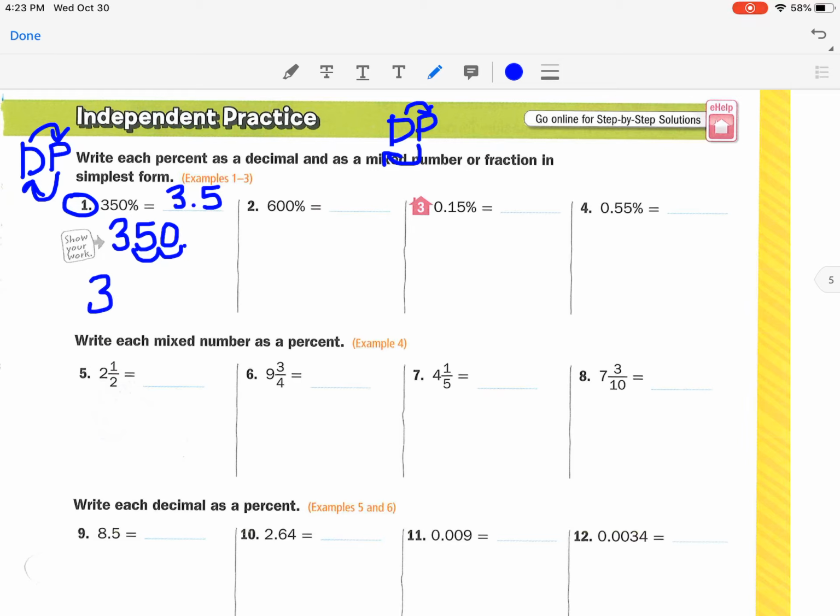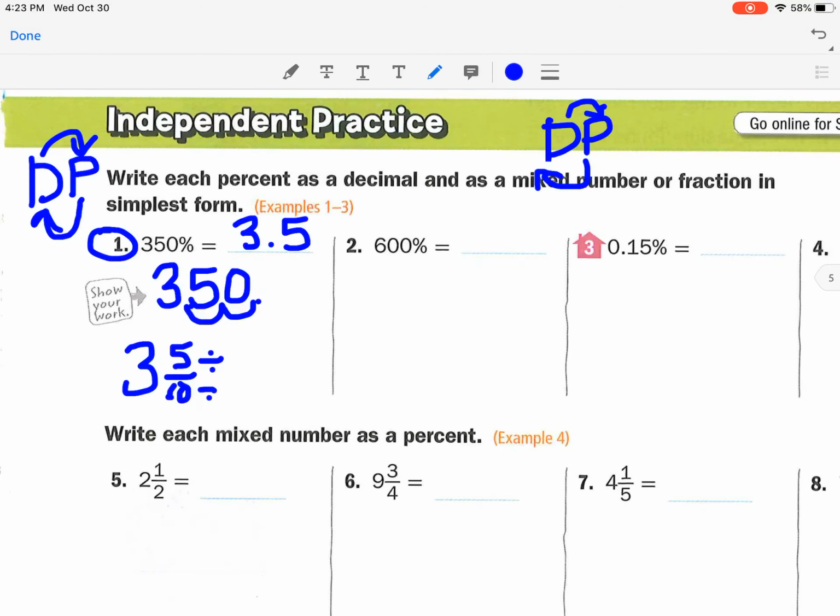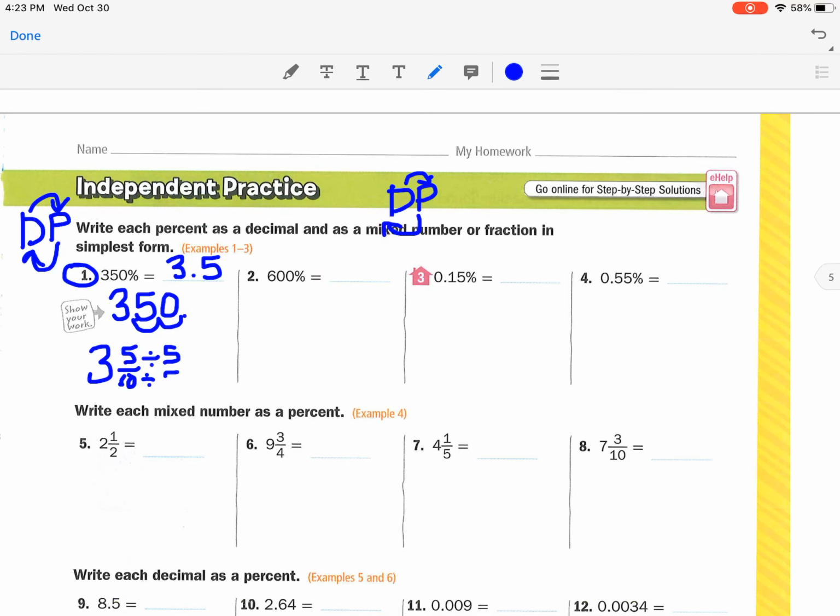When I have 3 5/10 as a fraction, I know that that needs to be simplified, so I'm going to divide each of these by 5, which equals 3 1/2.